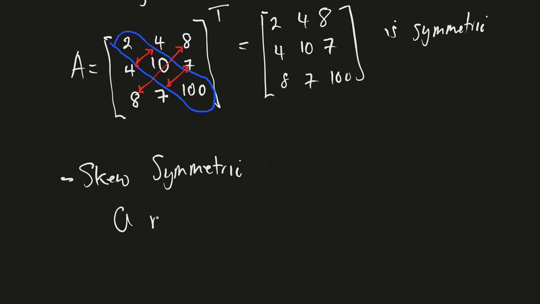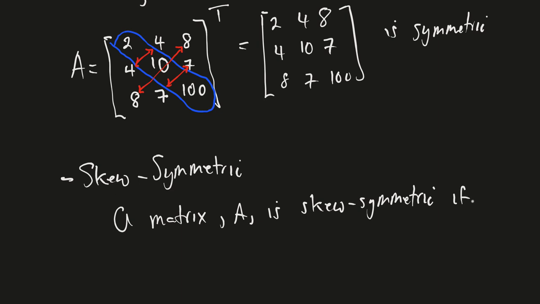So a matrix A is skew symmetric, and sometimes it is hyphenated, if and only if when you take the transpose of it, you get the negative of what you started with, right?